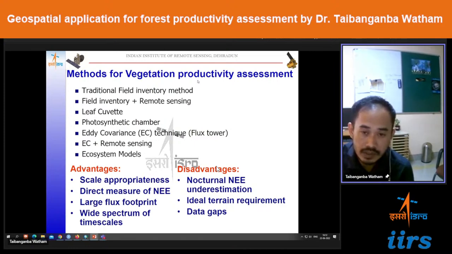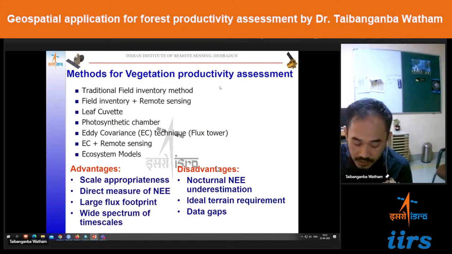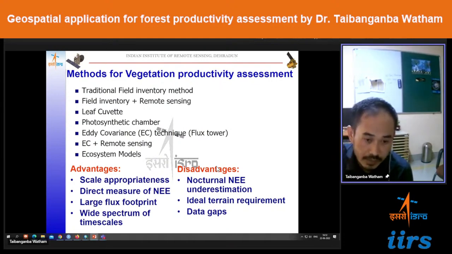Then we convert that into productivity: how much increase or decrease in the CO2 concentration within that chamber gives us the amount of sequestration, or the amount of carbon taken up by the vegetation itself.